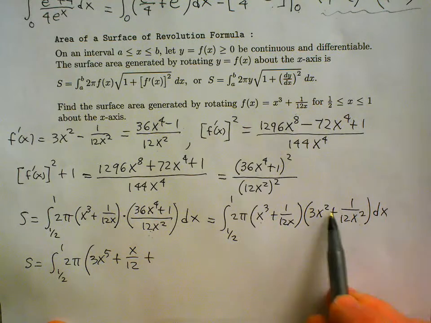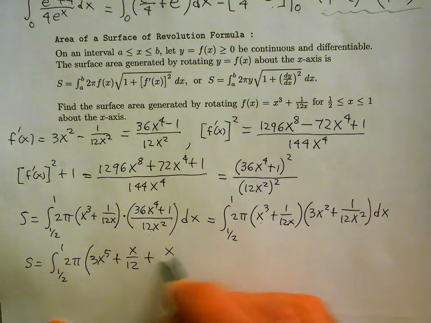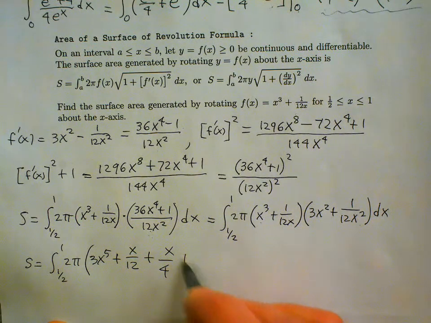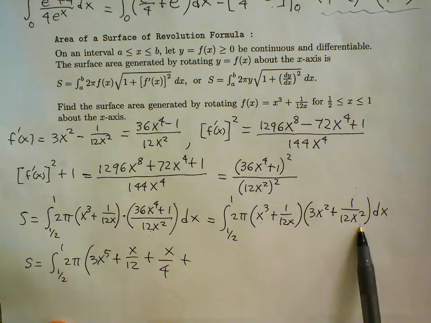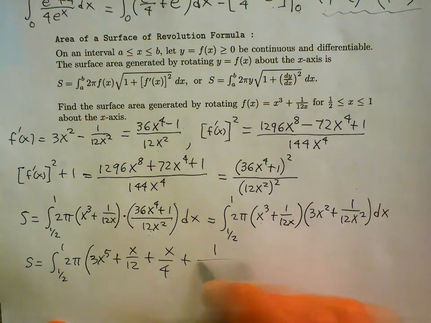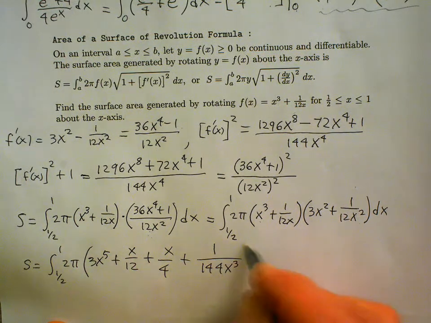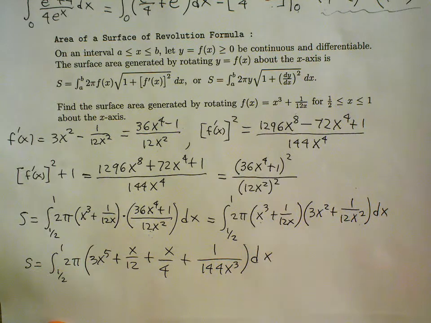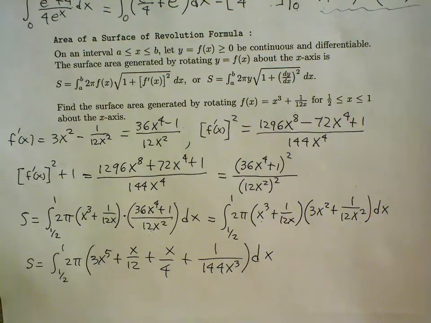Sorry, x over 4. Yeah, x over 4. And then the last one, 1 over 12x times 1 over 12x to the second is 1 over 144x to the third dx. Okay, I'll leave the rest of that for you to do. Let's move on to the next page.